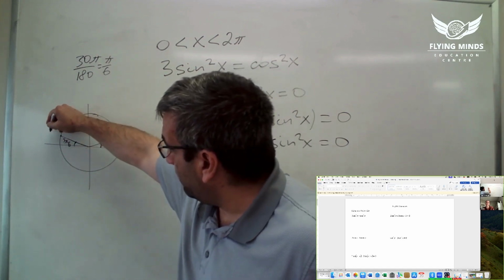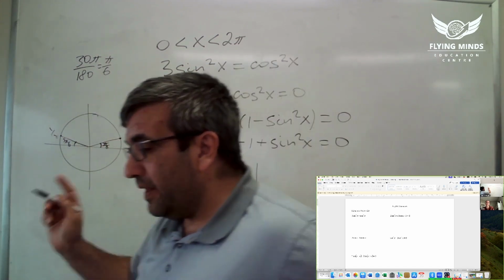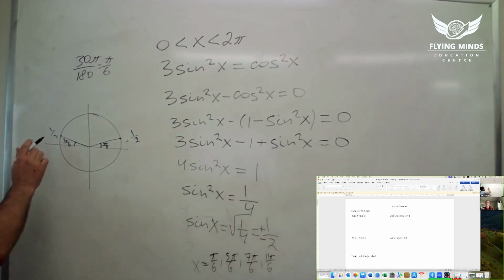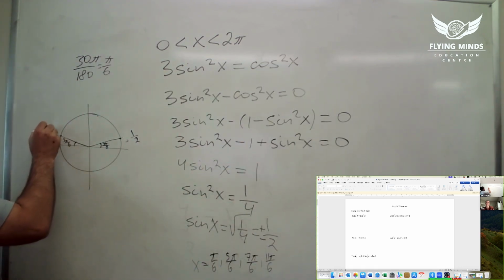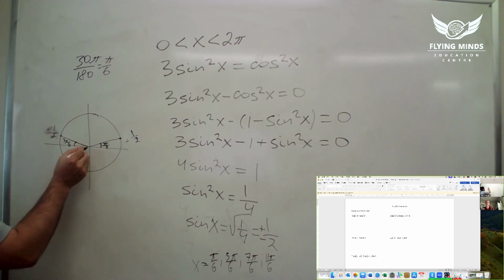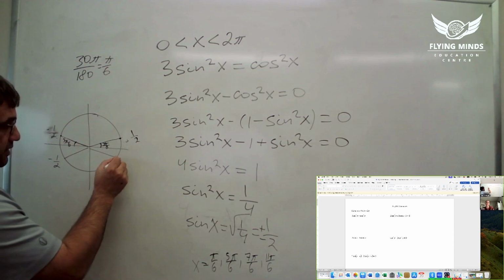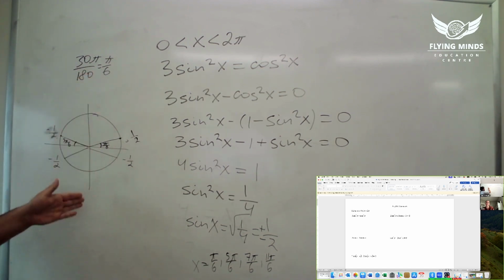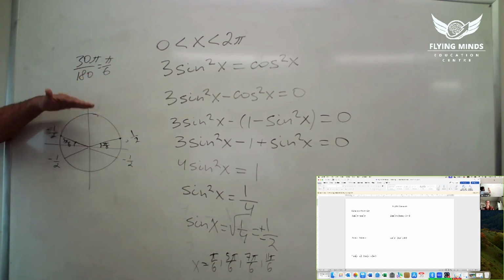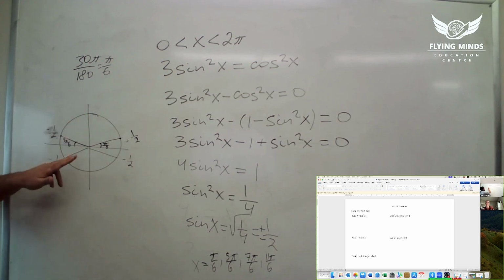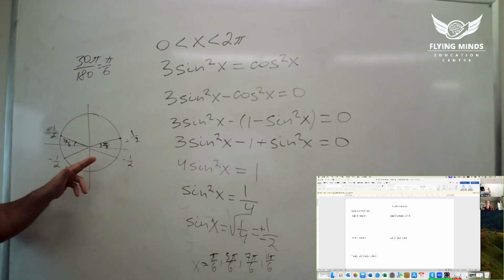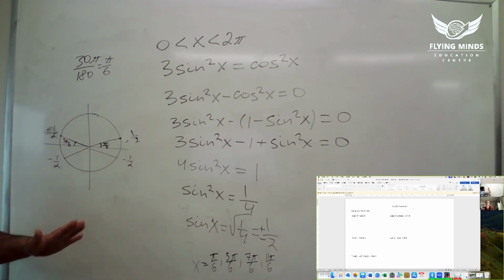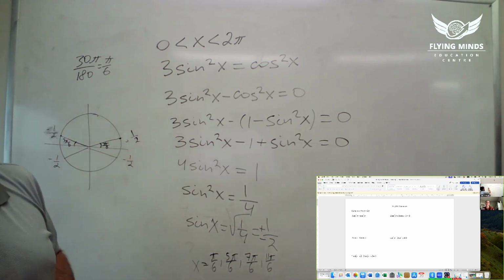This is half. Sine corresponds to the y coordinate, right? So here sine will be negative half. Okay, I understand now. Right, because sine is a y coordinate, so y is positive in the first and second quadrant, and negative in the third and fourth quadrant. We good? Yes.